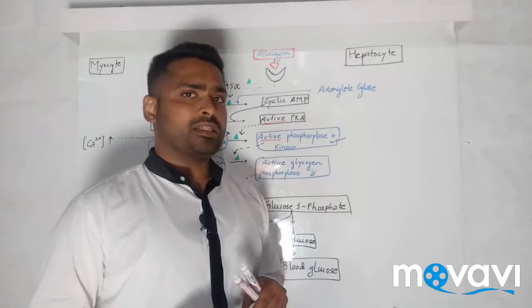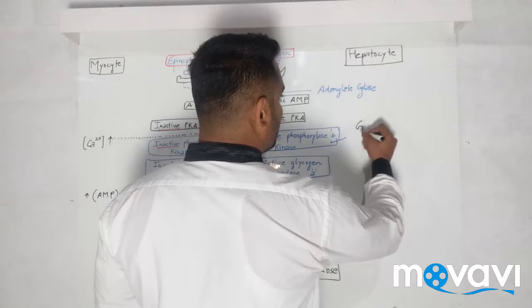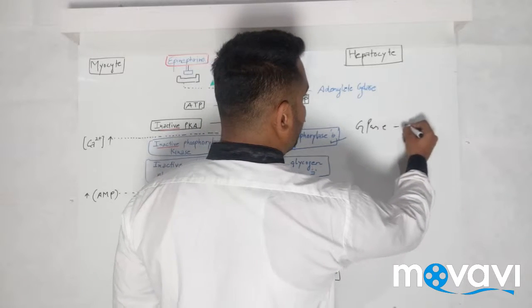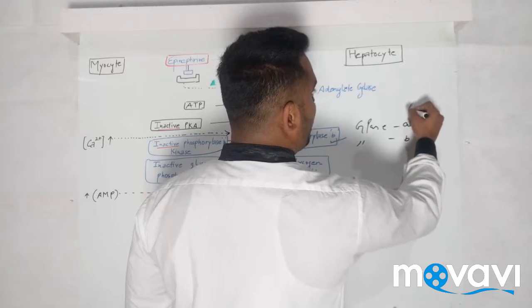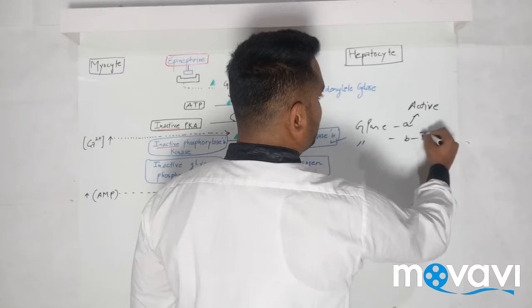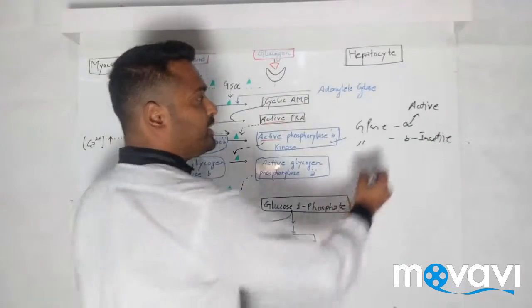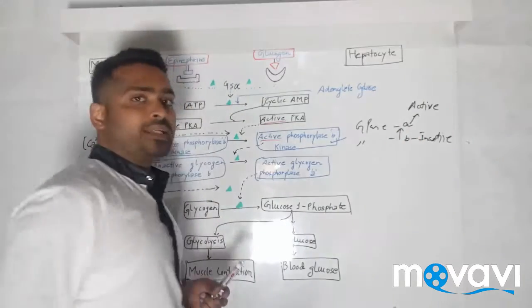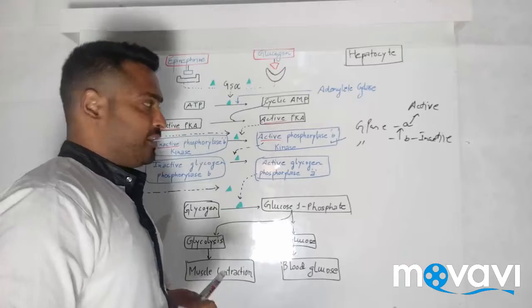This enzyme exists in two forms, glycogen phosphorylase A and B. This is active and this one is inactive. We want this enzyme to get activated. That is what we are going to discuss in this pathway.